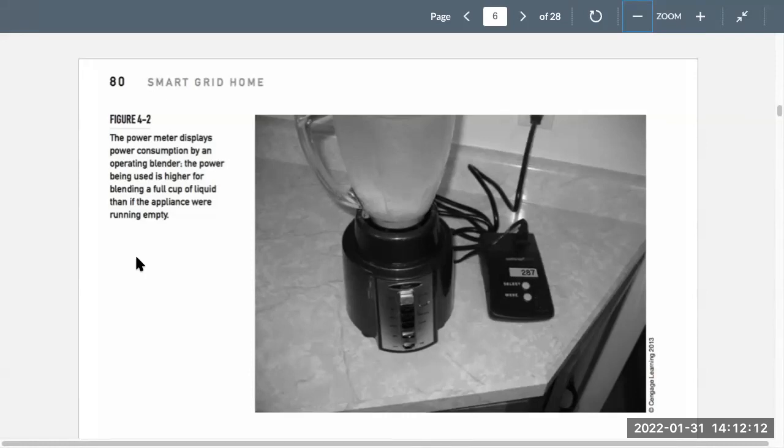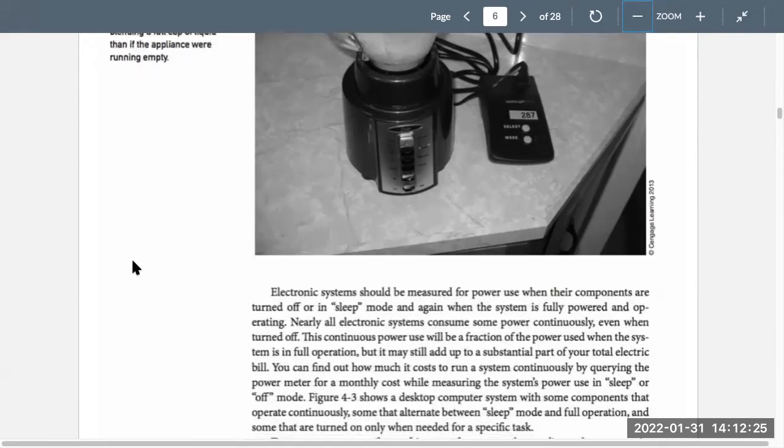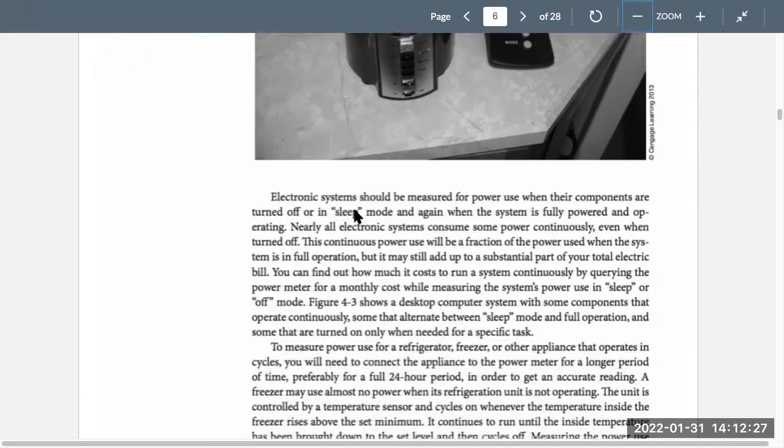But some devices like computers, alarm clocks, different things you don't really think about, we call those phantom loads. So you just want to see what they are doing when they're at rest and what they're doing when they're running. So are they in sleep mode is what we're talking about.